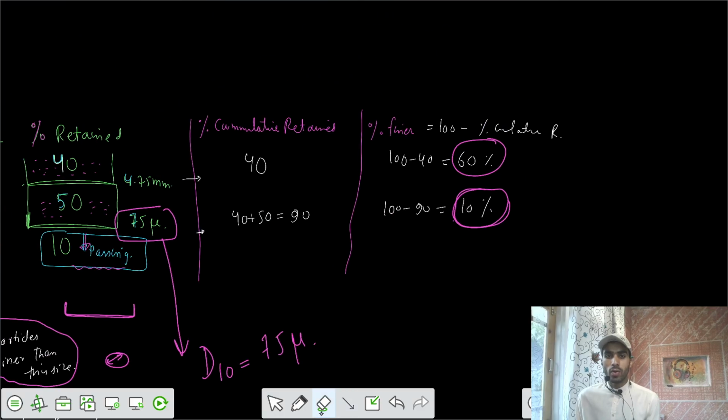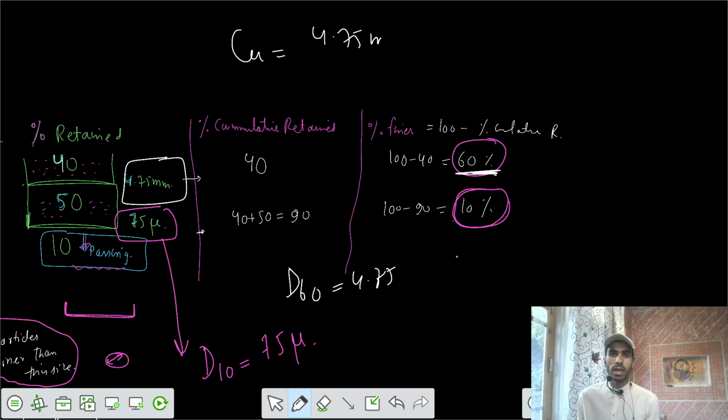That means D60 is actually 4.75. So from that I can say your Cu is 4.75 millimeters divided by 75 micron. So you can calculate Cu to be equal to 63.33.